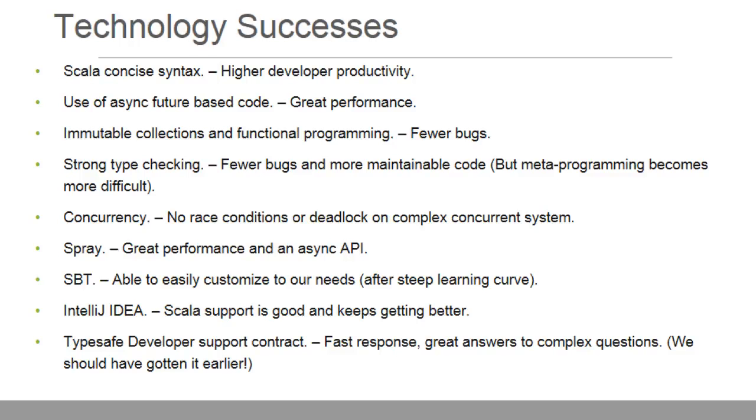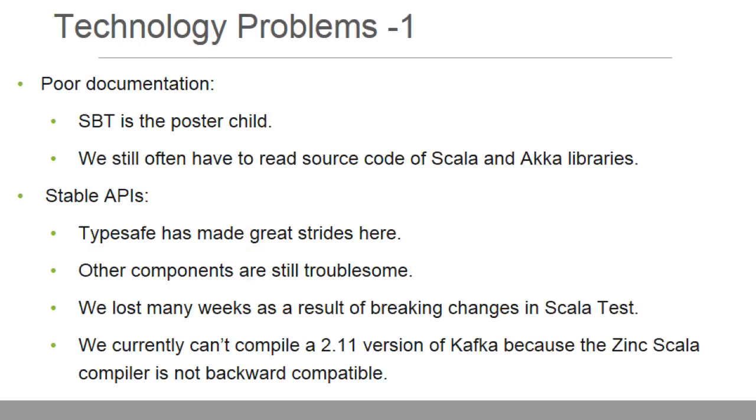Let me nitpick a little bit and go to some of the things that have been aggravations in the technology stack. We've got an emerging technology. One of the things that goes along with emerging technology is poor documentation. SBT is our poster child for really poor documentation. It's a complicated, hard to understand system with, at least in the past, very poor documentation, and it's been very painful.